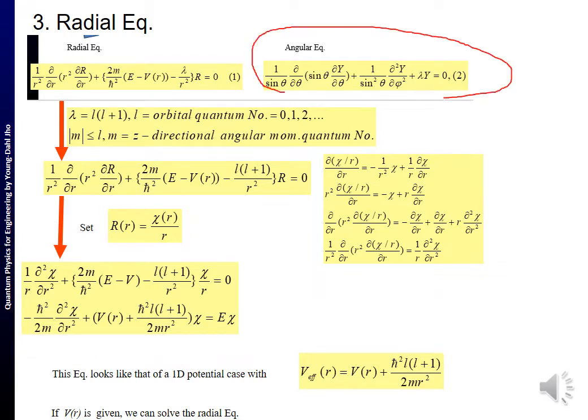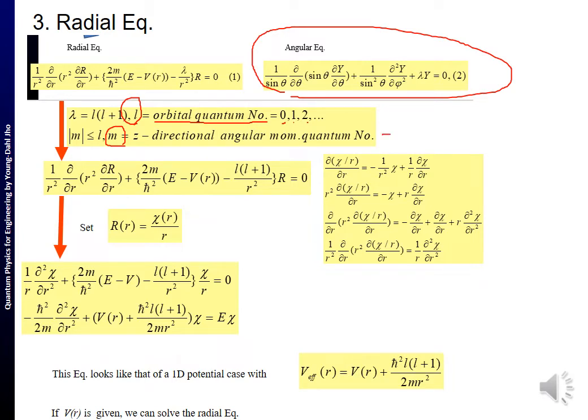Previously, we solved the angular equation, and the most important results are: L is the orbital quantum number, or angular momentum quantum number. It starts from 0 and goes like 1, 2, 3 and so on. And then M is the z directional angular momentum quantum number.